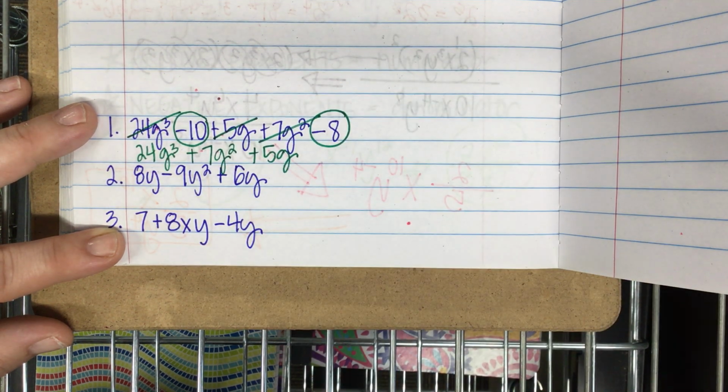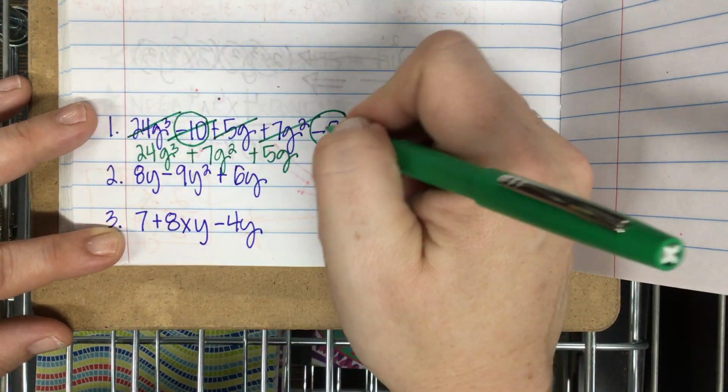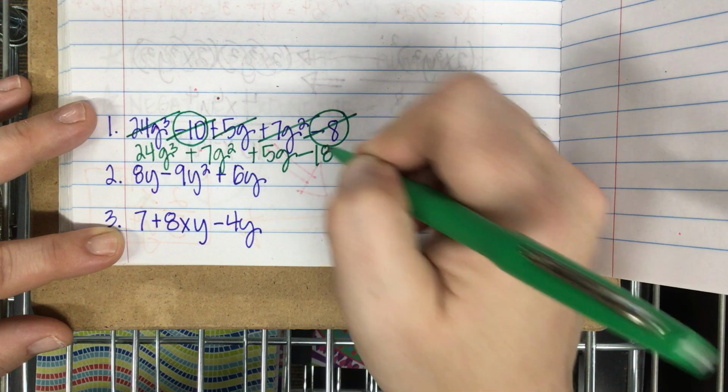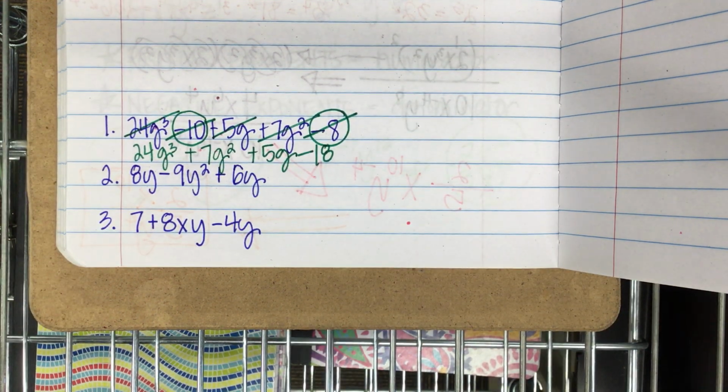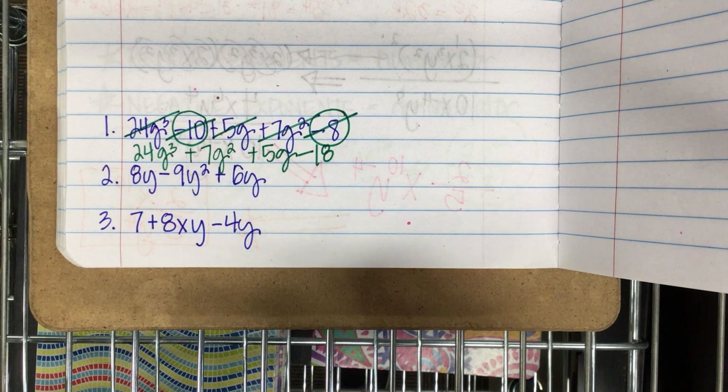And last, minus 18. 24g to the third plus 7g squared plus 5g minus 18. So that is simplifying and writing in standard form.